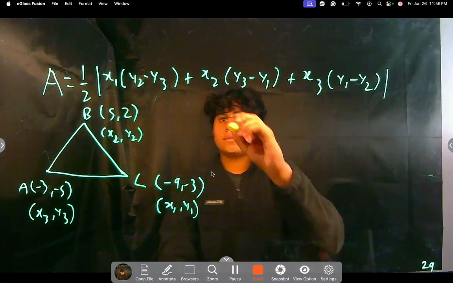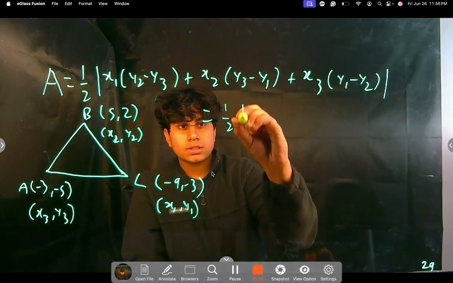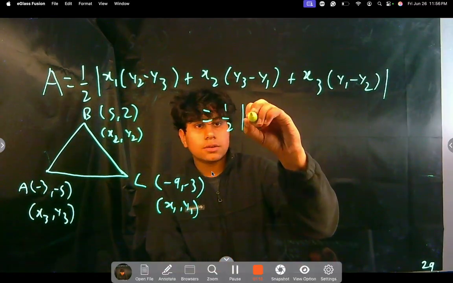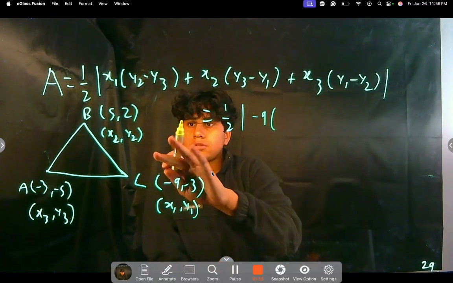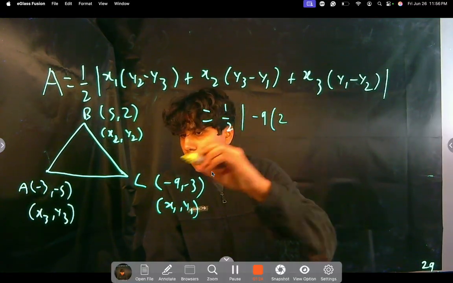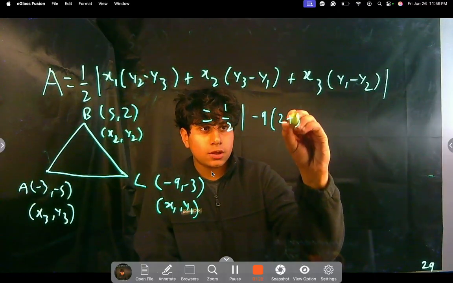So now let's solve this, right? This would be 1/2 times the absolute value of, so this is our x1, -9, times y2 minus y3. So what is y2 here? 2 minus y3, minus -5 is plus 5, right?